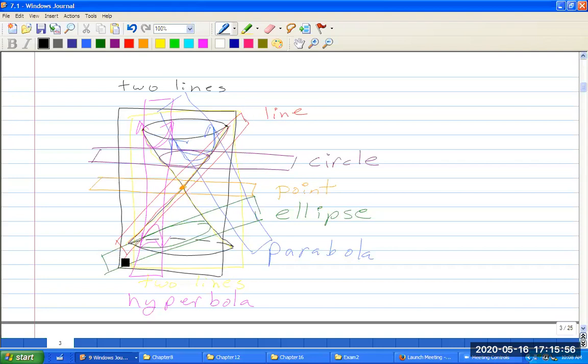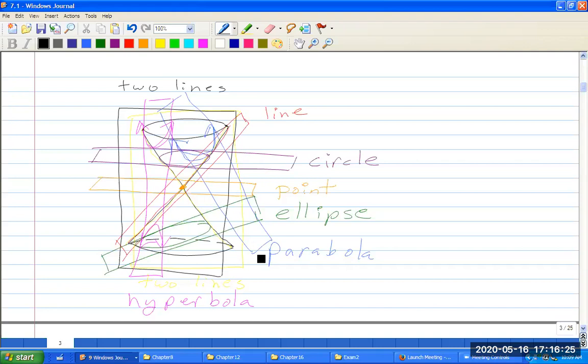If I slice it along this edge, I'll get one line. If I slice it straight on where it just cuts these two edges, I'll get two lines. If I slice it straight across, I'll get a circle. If I slice it with a little bit of an angle, I'll get an ellipse.